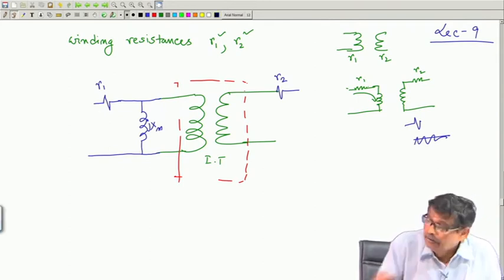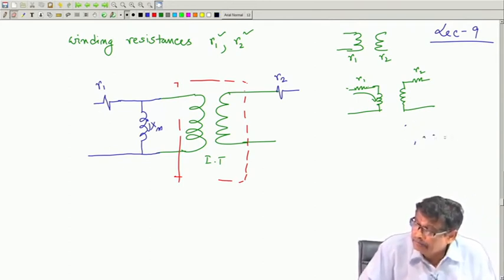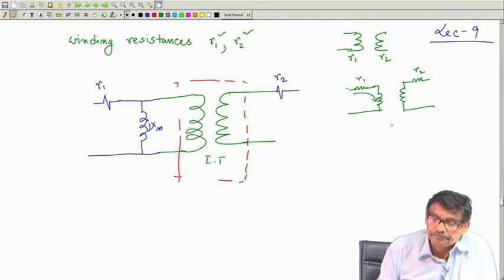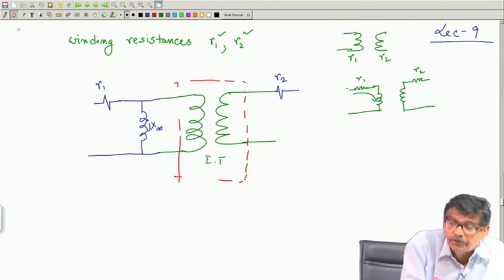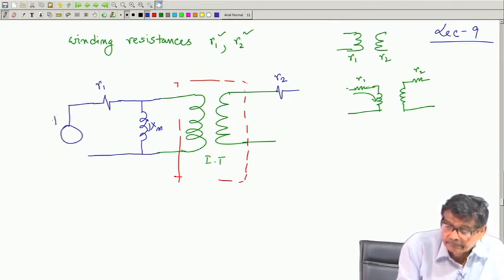Therefore, you know, this is the thing, and here is your supply voltage, frequency f.